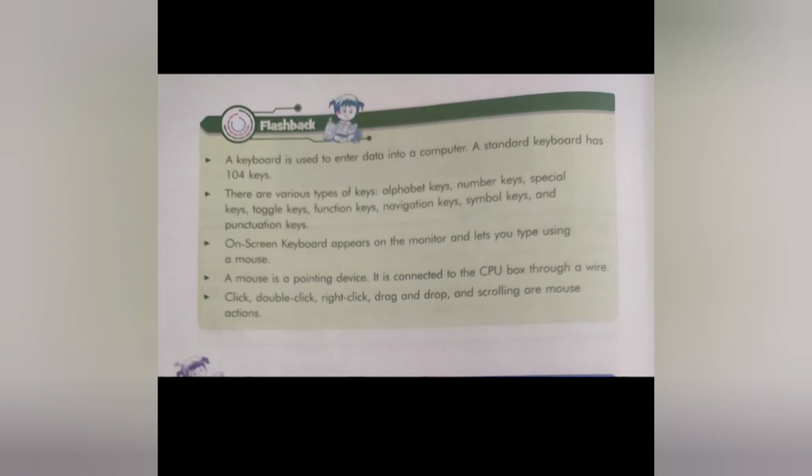Second last, what is a mouse? A mouse is a pointing device. It is connected to the CPU box through a wire, but nowadays we are getting wireless mice also. Last point: click, double click, right click, drag and drop and scrolling are mouse actions.